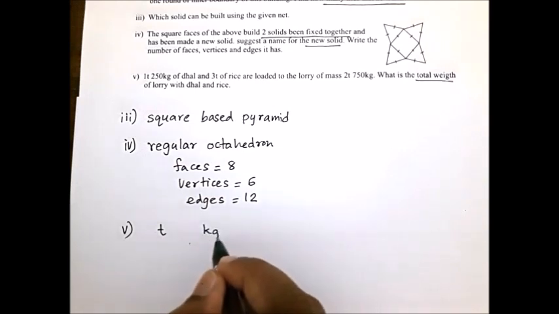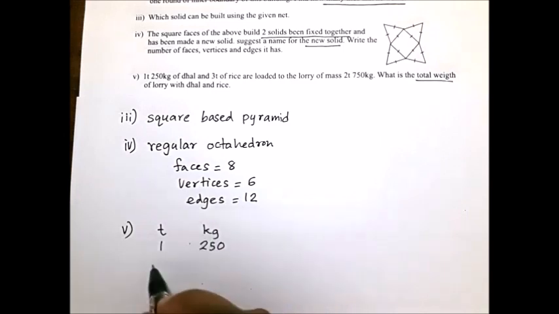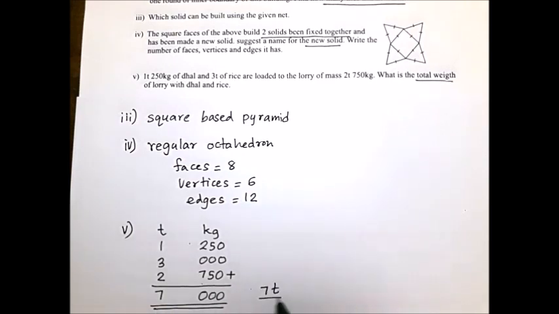Dal is 1 metric ton 250 kilogram. Rice is 3 metric ton and 0 kilogram. And the mass of the lorry is 2 metric ton and 750 kilogram. Add these three. Answer is 7 metric ton.